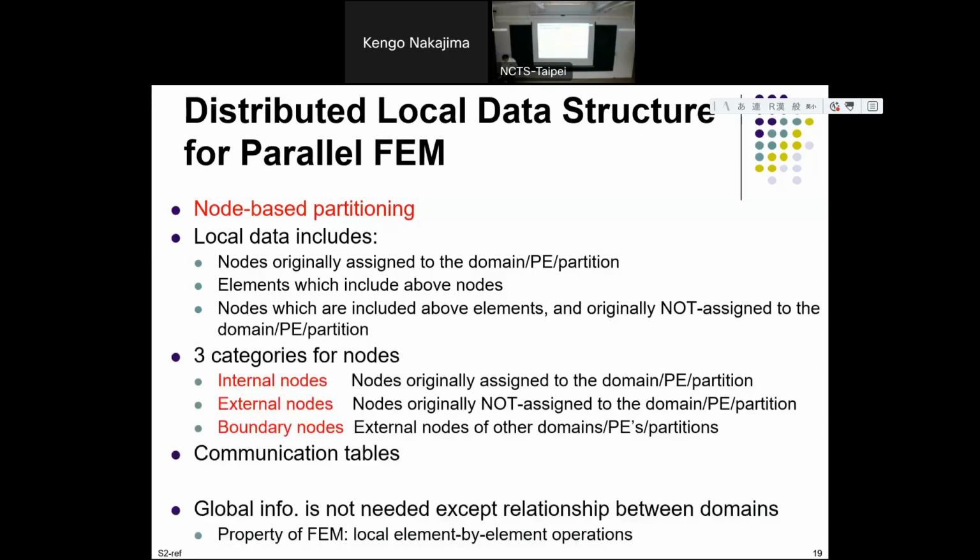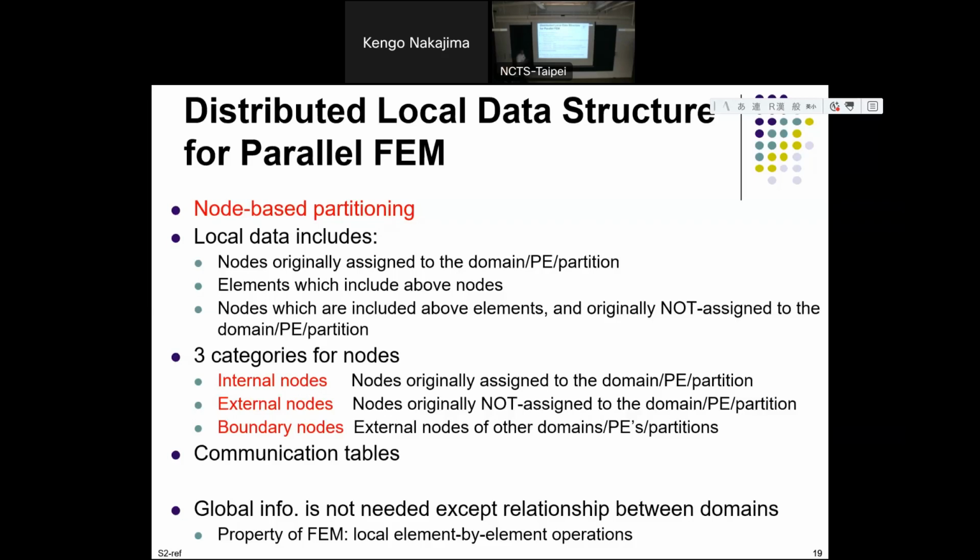So starting from the distributed local data structures, and I have already shown this before. Okay. So basically, this is a node-based partitioning, and local data includes nodes originally assigned to the domain or partition, and elements which include those nodes, and nodes which are included in those elements and originally not assigned to the domain partition.